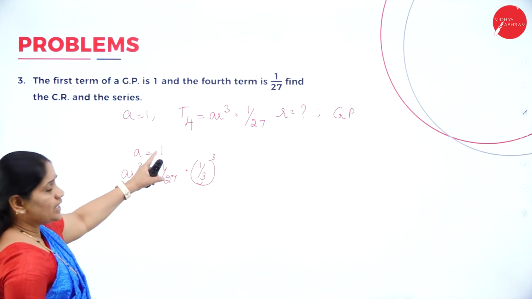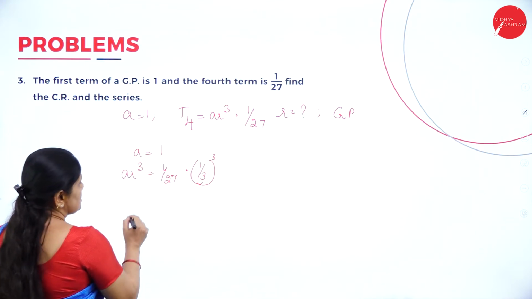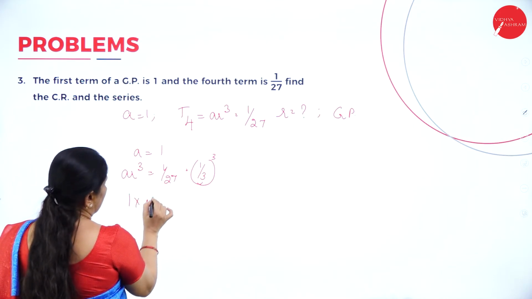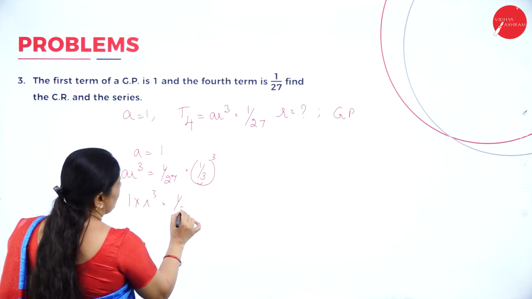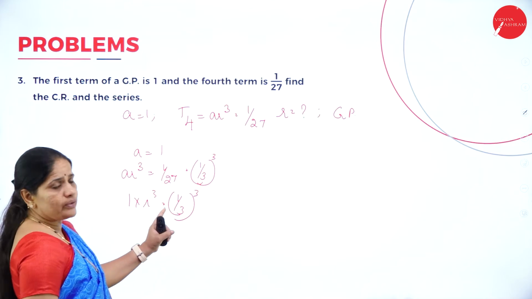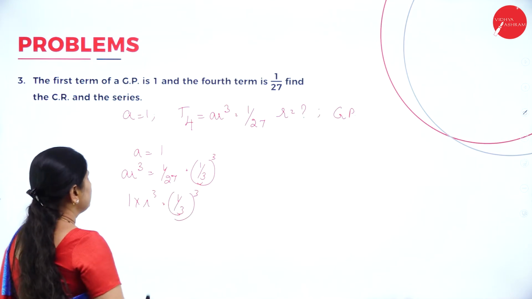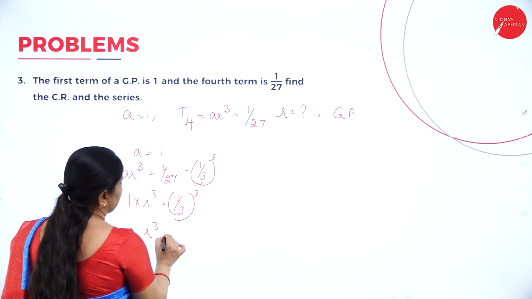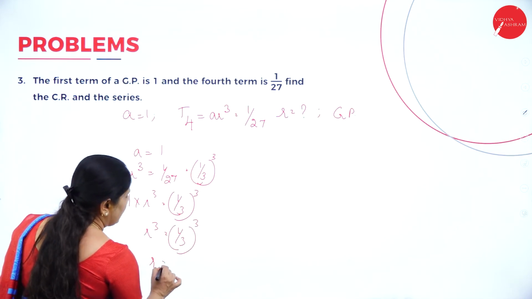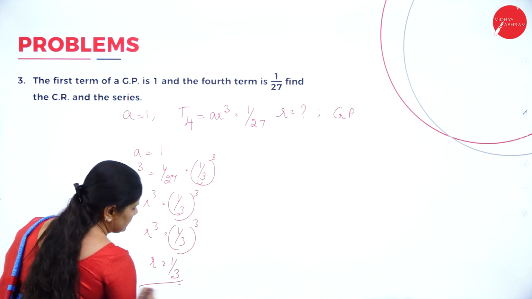But we know A equals 1, so 1 into R cube equals 1 by 3 the whole cube. So R cube will be equal to 1 by 3 the whole cube.